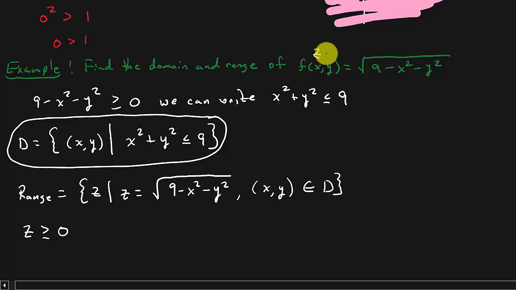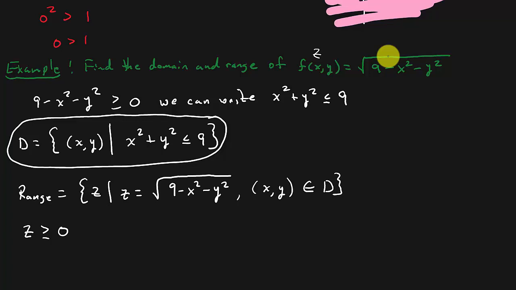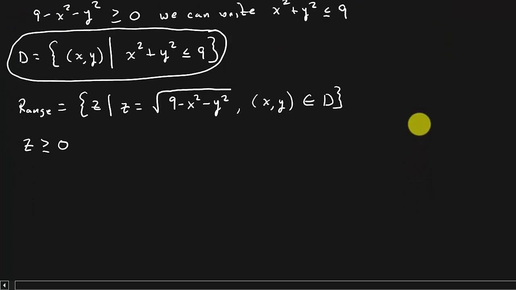I'm saying that this function is going to be greater than or equal to 0, because remember, whenever you take the square root of a function, it's positive, or we could get 0. So whatever answers we get out, it's going to be larger than 0 or equal to 0. Now, is there something else I know about this?